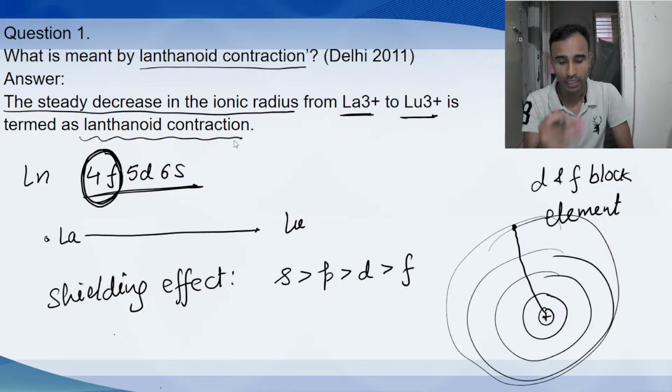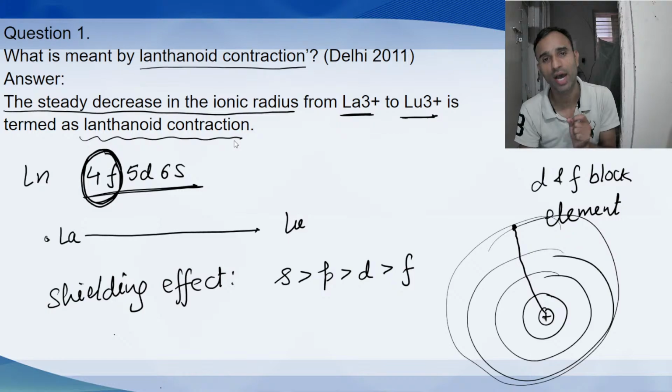Simply, steady decrease in the ionic radius of lanthanoid ions as the atomic number increases. Don't remember lanthanum and lutetium, just write this.